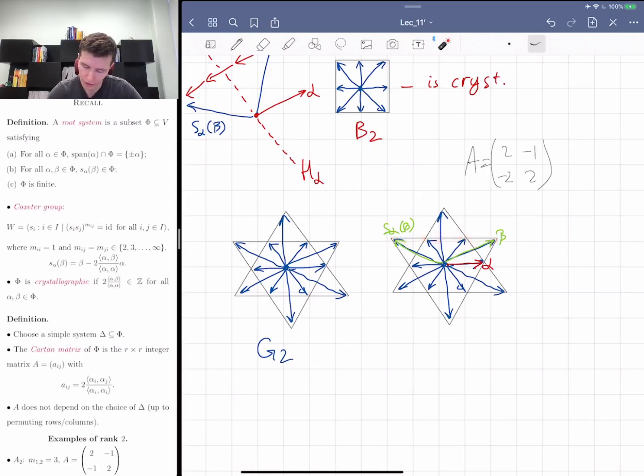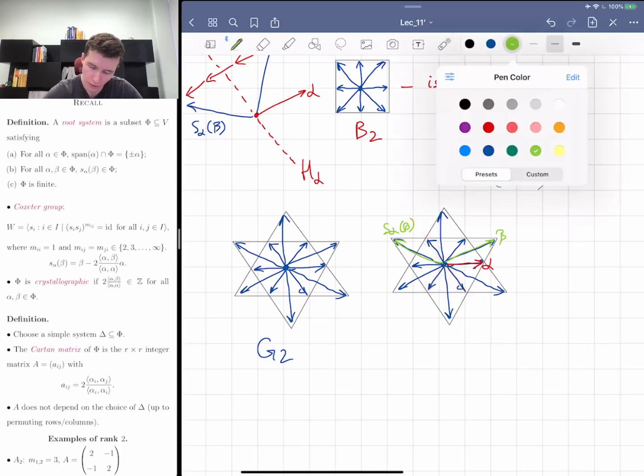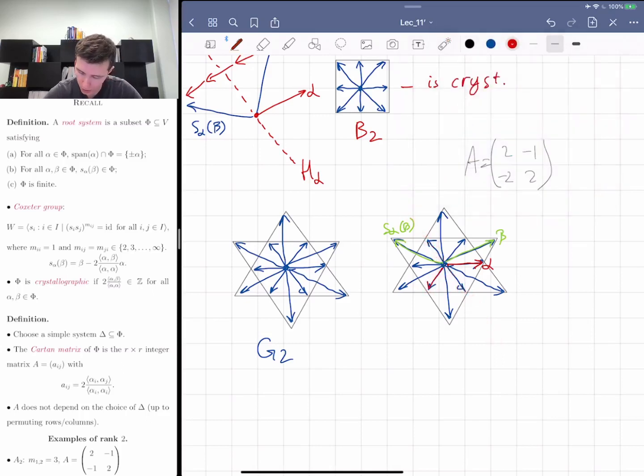On the other hand, if I want to reflect alpha with respect to beta, then I need to reflect it along this line. So this guy is going to be S beta of alpha.